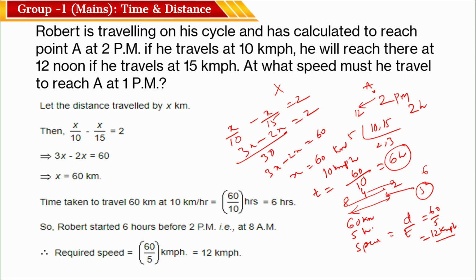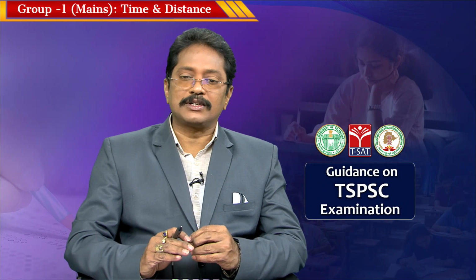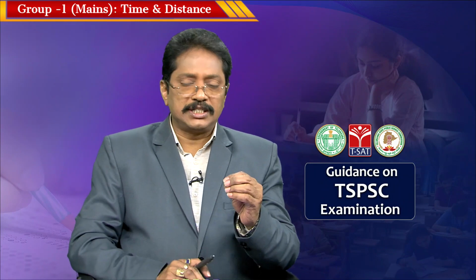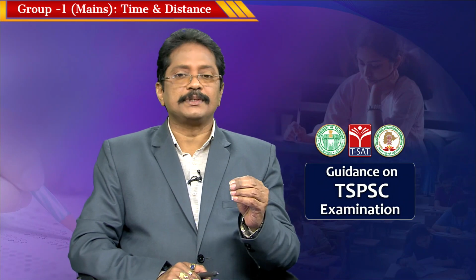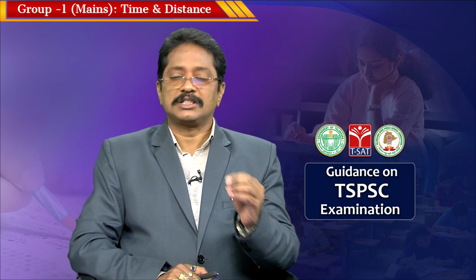Is it clear? In this manner you can find the speed needed to reach the point A at 1 p.m., which is 12 kilometers per hour. For mathematics background aspirants, the concept is simple and you can answer easily.